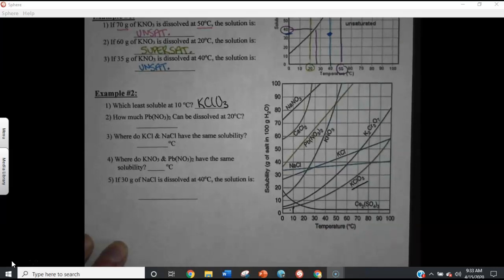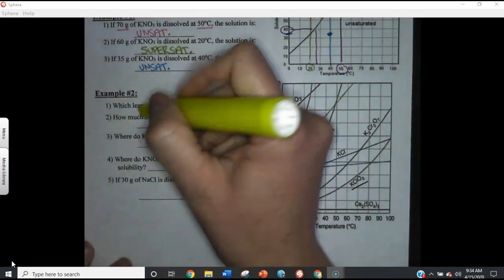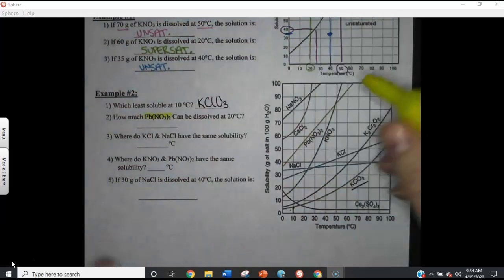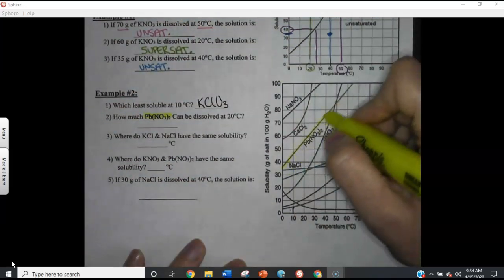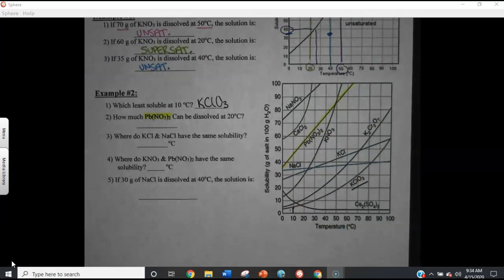That's not very good. All right, number 2 says how much PbNO3 can be dissolved at 20 degrees Celsius. So the first thing I want to do is find that, and I'm going to grab a highlighter and use that lead nitrate as a yellow. That way my eye knows I'm just focusing at this line. Okay, so how much can be dissolved at 20 degrees?